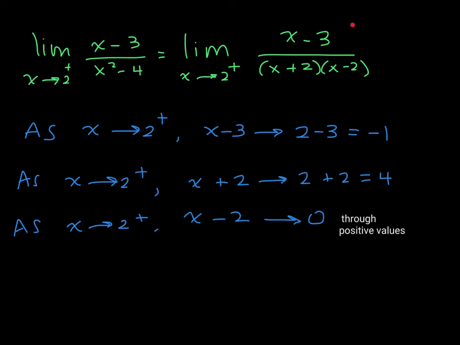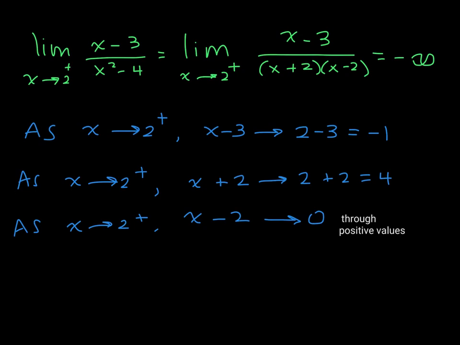So you have a numerator that's constant at -1, and the denominator is approaching 0 through positive values. Therefore, this ratio is negative infinity. Sorry, that's a weird looking infinity, but it is negative infinity.